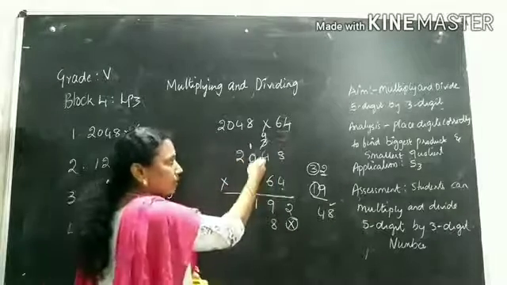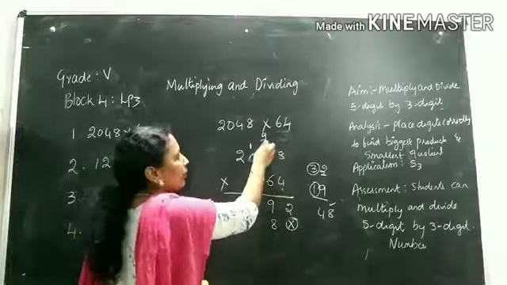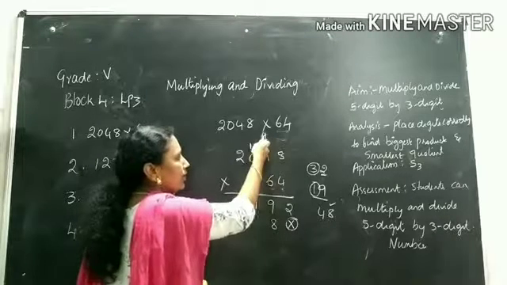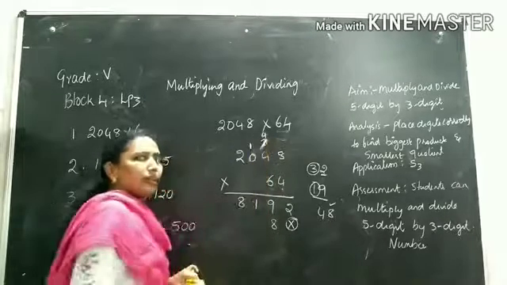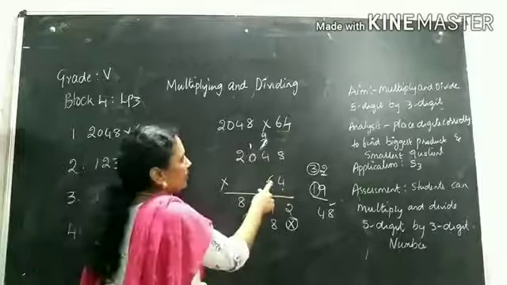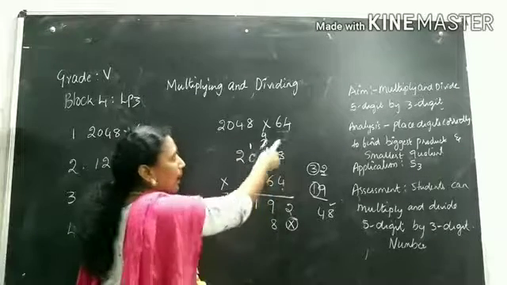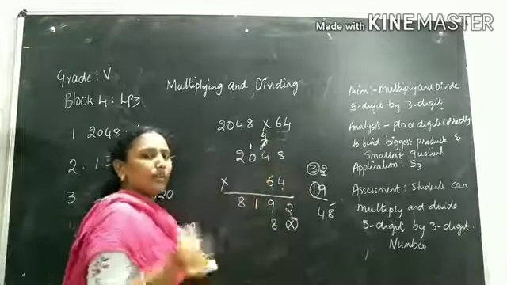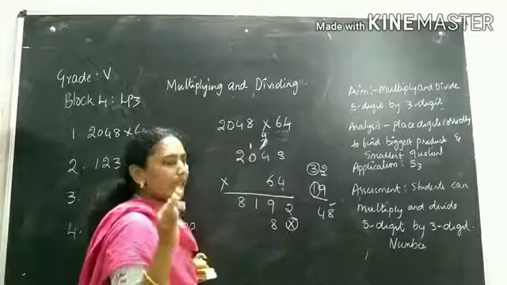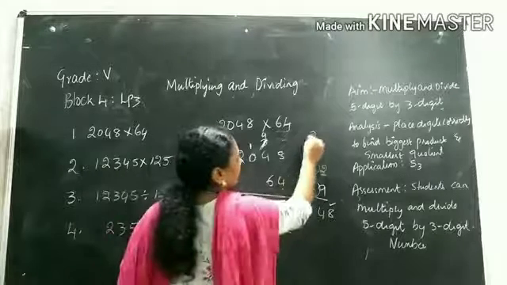Now the next, after 8 what is the number here? 4. Now don't take this 3, because the 3 was already used when we multiplied with 4. Now here 6 4s are 24 plus 4: 24, 25, 26, 27 and 28.